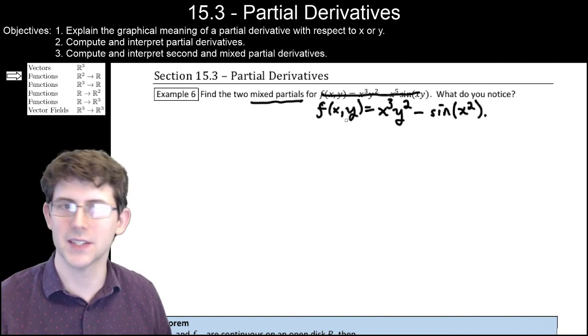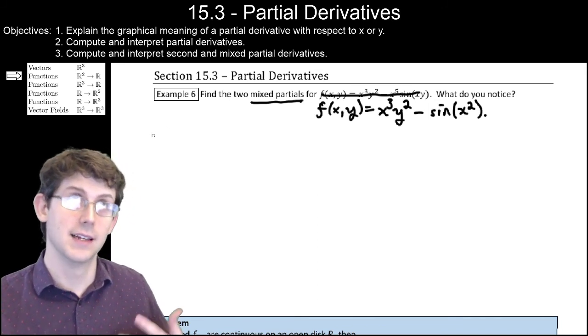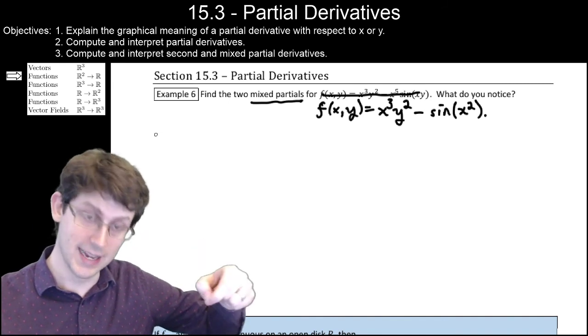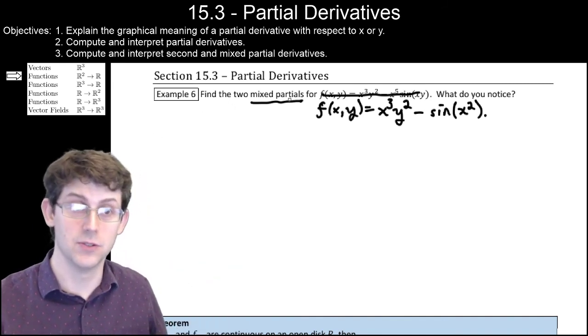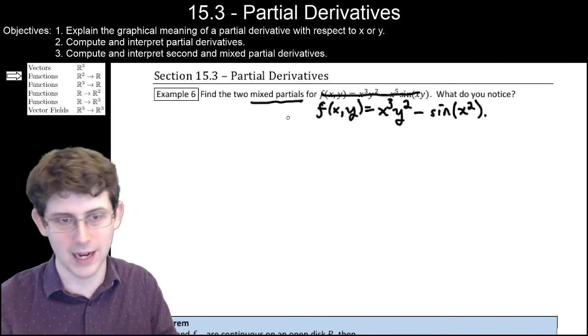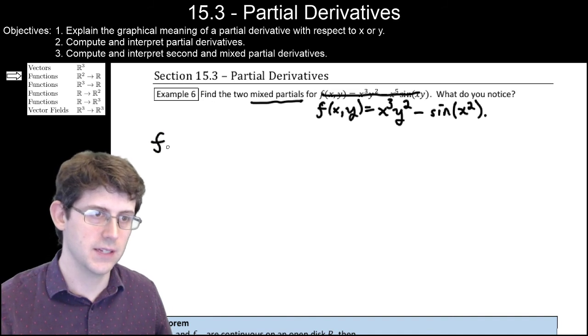So we'll deal with this function instead. Now the two mixed partial derivatives say, let's find the derivative with respect to x and the derivative with respect to y in the two different orders. Those are the two mixed partial derivatives. Instead of doing x and then x again, or y and then y again, it's mixed if you do one of each. So let's find f_xy to start.